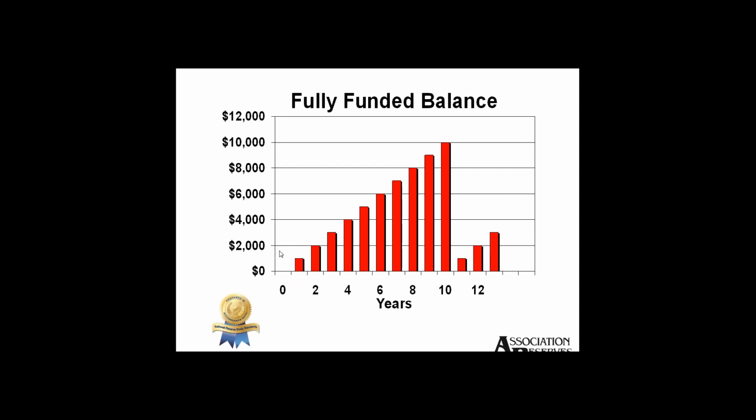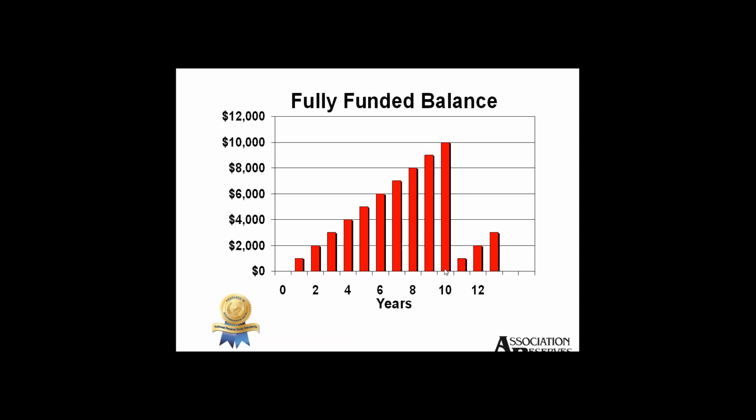Over here to the left, when the pool is brand new, it has 0 deterioration and it needs 0 in reserves. As it ages, the fractional age increases until it's fully aged, and the association will need $10,000 at that time to execute the pool replacement project. Then the pool is resurfaced, and then the cycle begins over again.